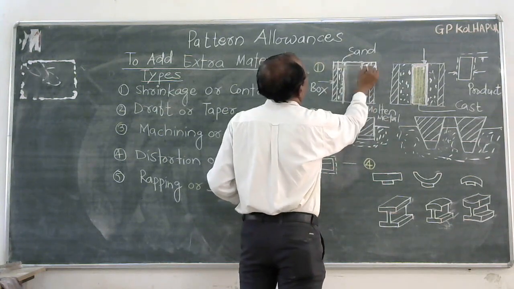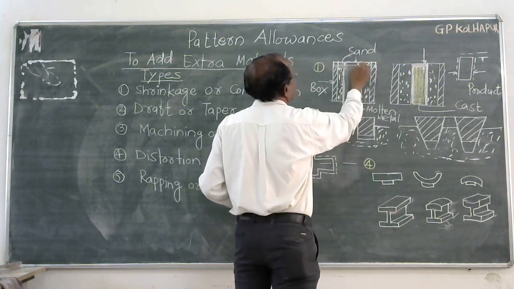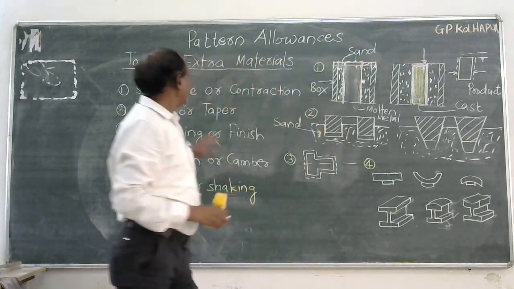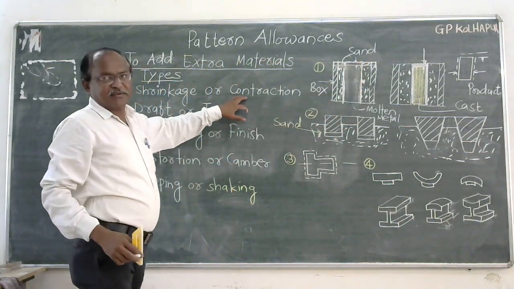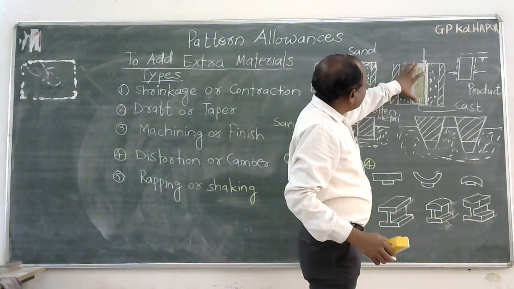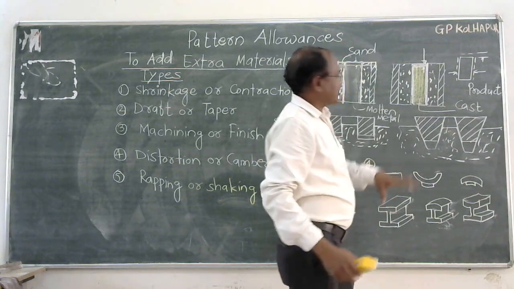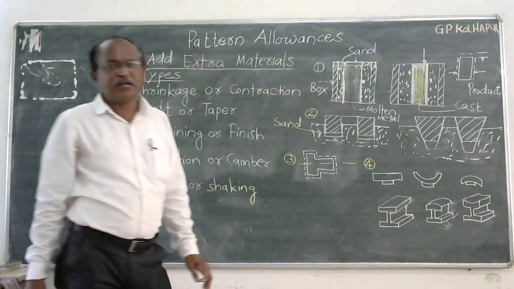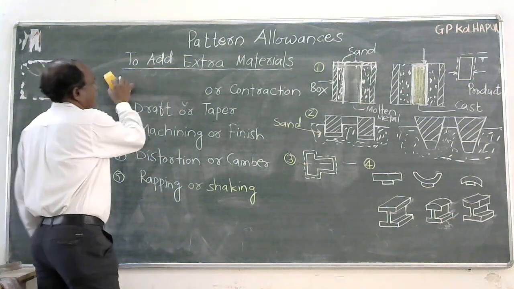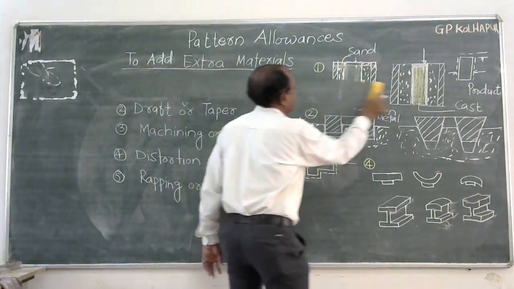So some extra material you are adding on the pattern to take care of shrinkage or contraction of the molten metal, so that at the last stage you are going to obtain a perfectly dimensioned cast product. So that is the shrinkage allowance or contraction allowance.